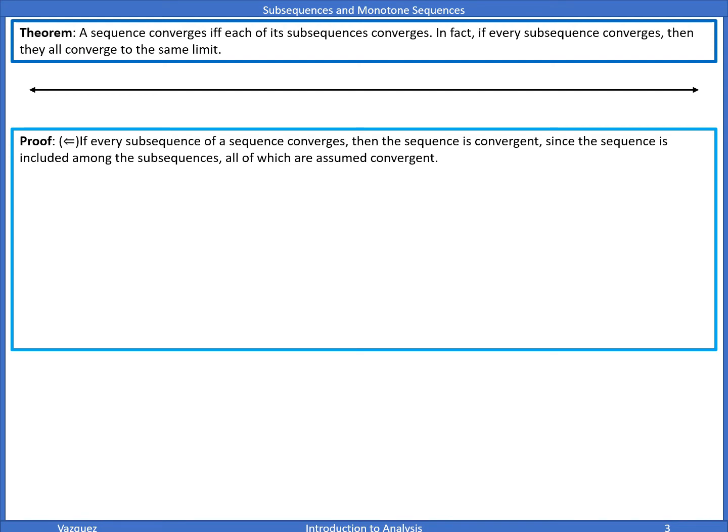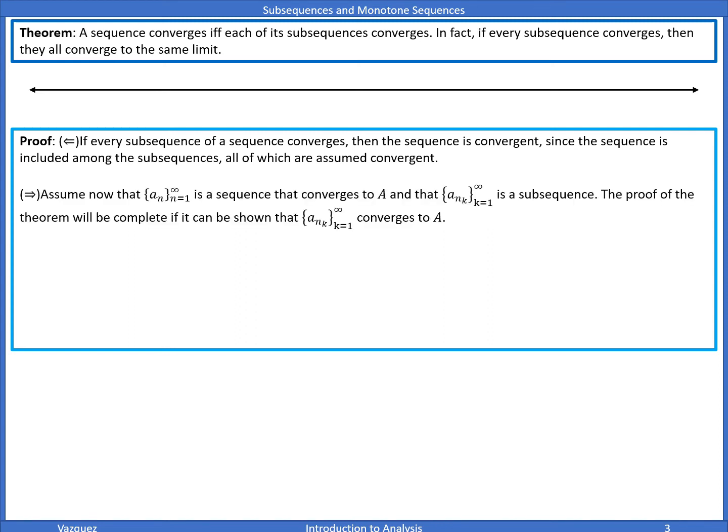Now we're going to prove the other part, which is juicier, so to speak. So assume now that the sequence a sub n converges to a. I'm going to put a right here, and a sub n, I'm going to draw in green.